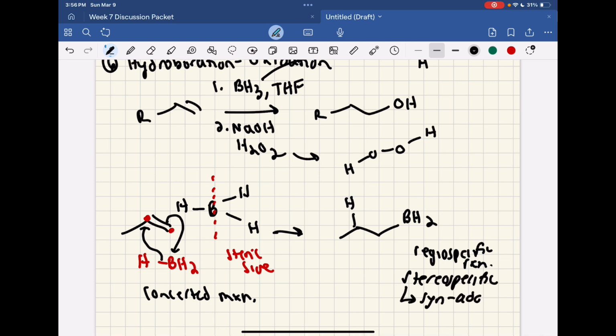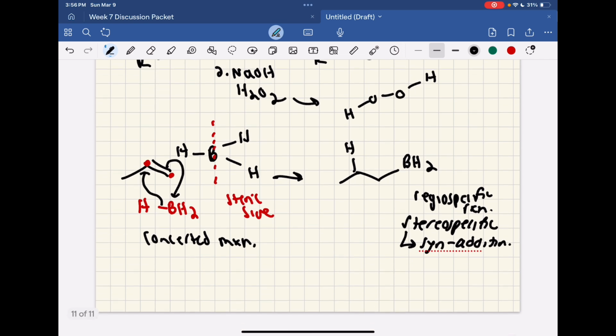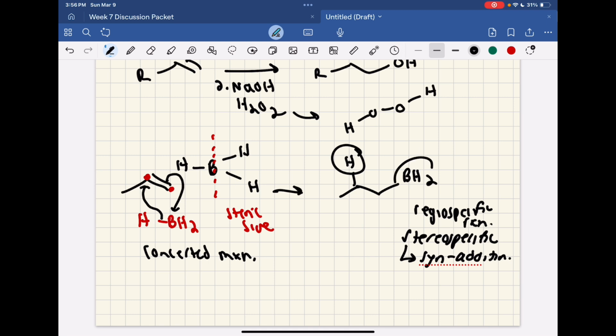We saw anti-addition with the halohydrin and the halogenation reactions. This is the opposite, where they're going to add on the same face. That's syn addition. The H and the BH2 add with the same orientation, meaning both wedge-wedge or both dash-dash. So that's the product of step 1.